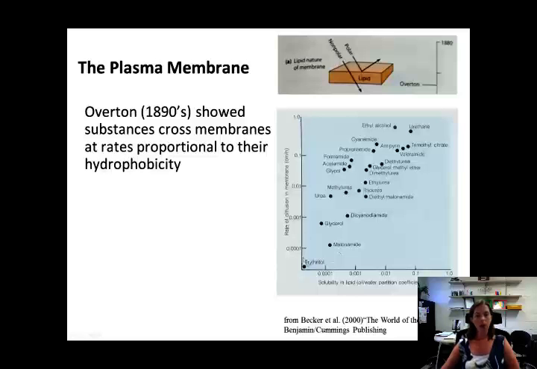So this graph is showing rate of diffusion in the membrane on the y-axis, and the x-axis is each molecule's solubility in a lipid. So if you add a molecule to an oil and water mixture, then you can measure which partition that molecule tends to be found at different concentrations in.